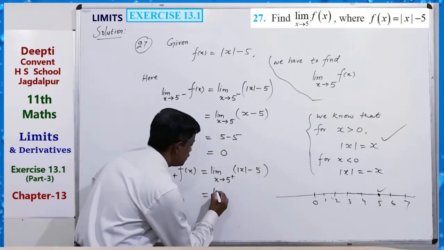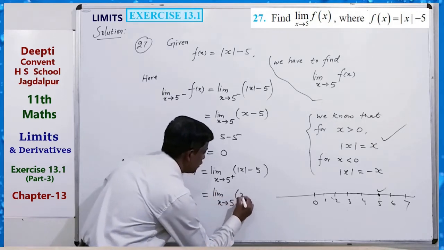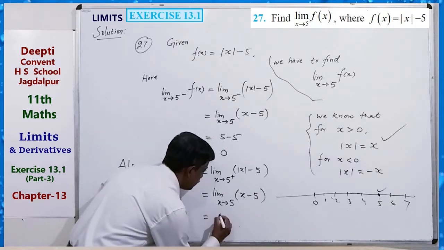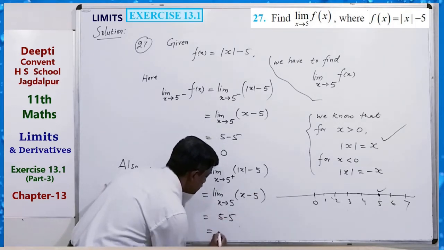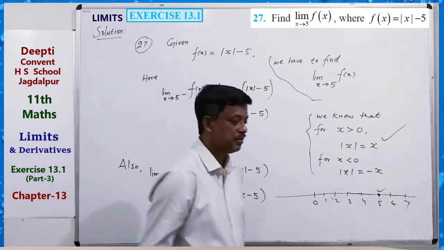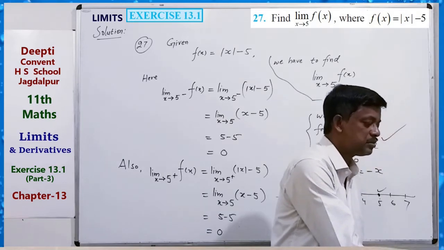Here we will also use x minus 5, with x tending to 5. So 5 minus 5 equals 0. So both limits are 0. So the limit exists. Okay, the limit exists and we write limit equals 0.